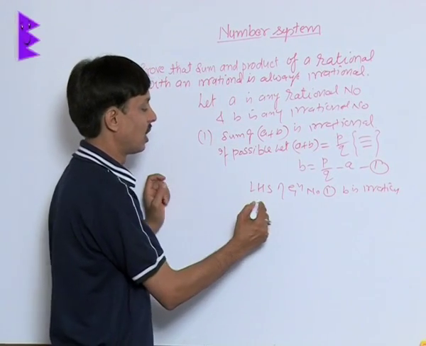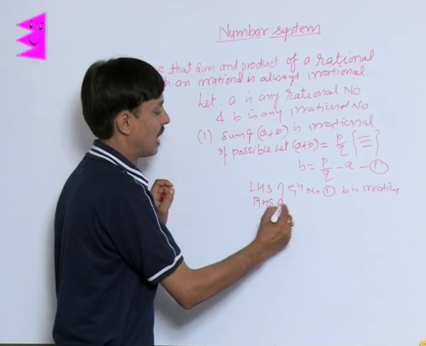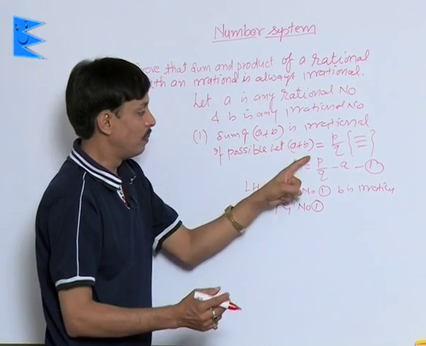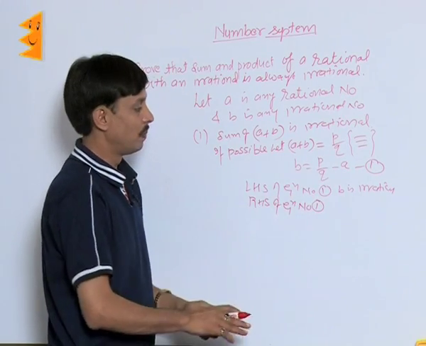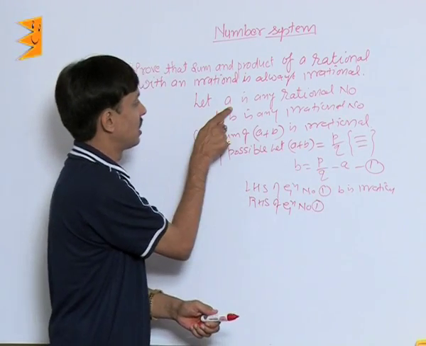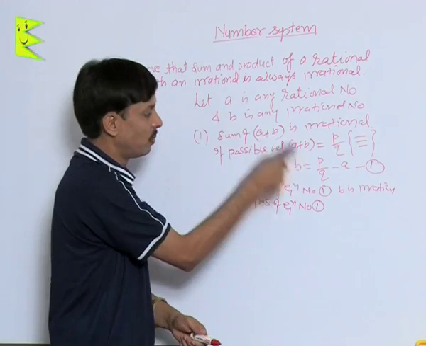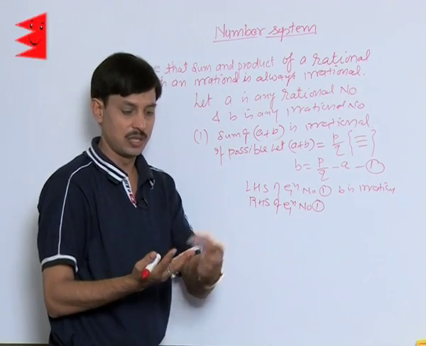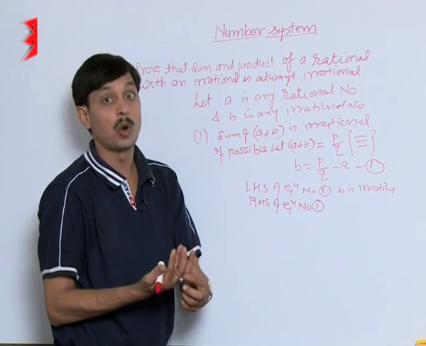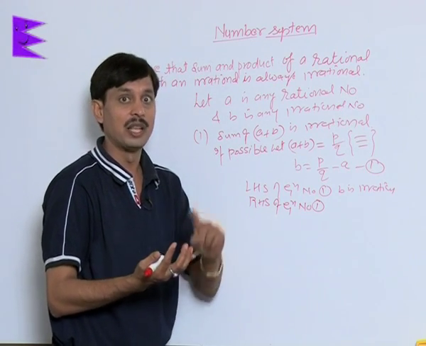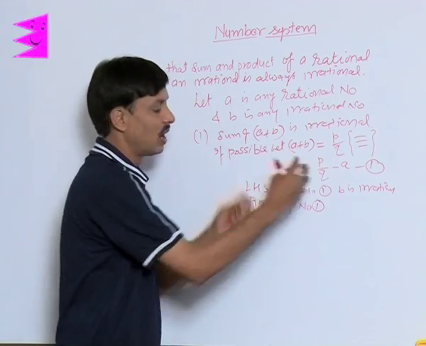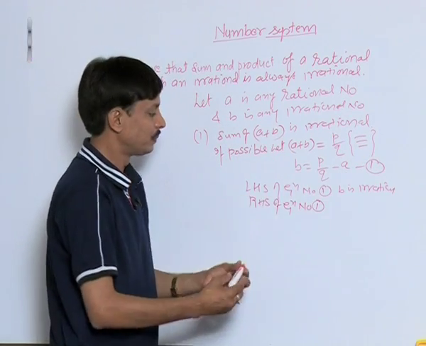Now we come to the right hand side, RHS of equation number 1. What is the right hand side? P by Q minus A. P by Q is rational, A is rational. Why is A rational? As assumed. We know that the sum, difference, product and division of two rational numbers is always rational.